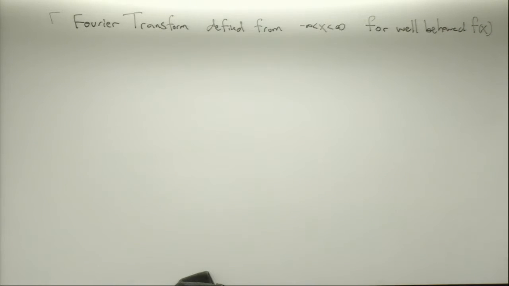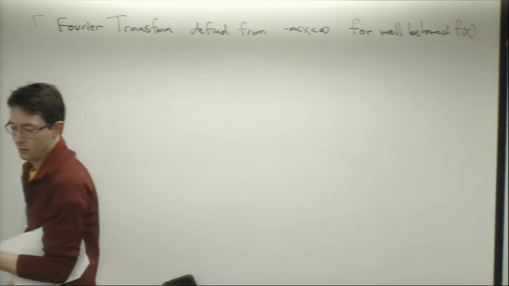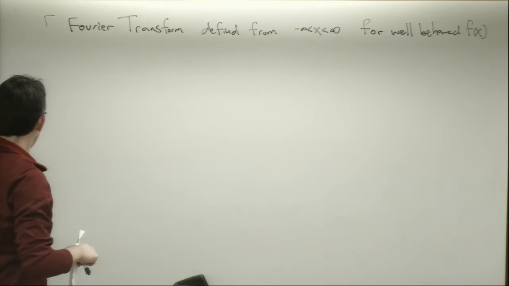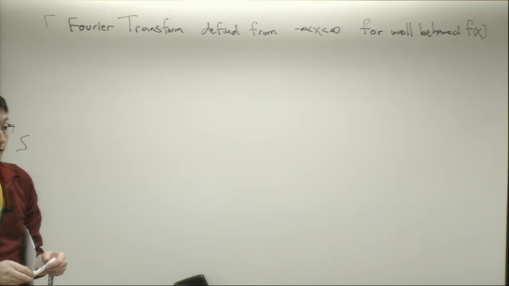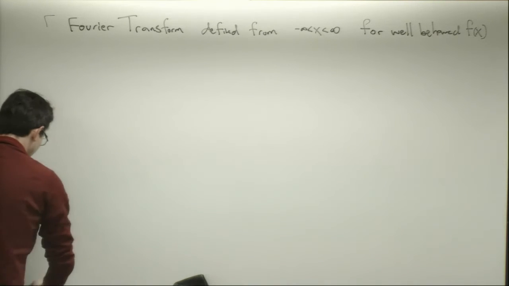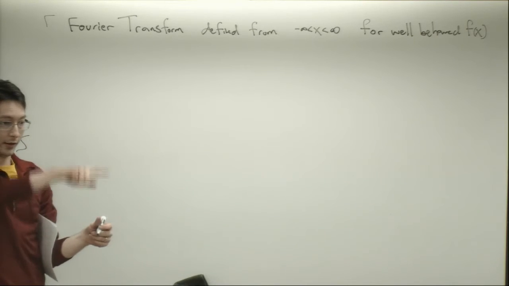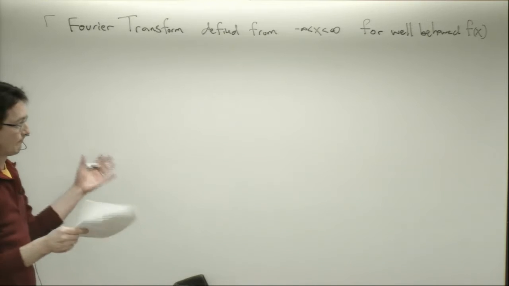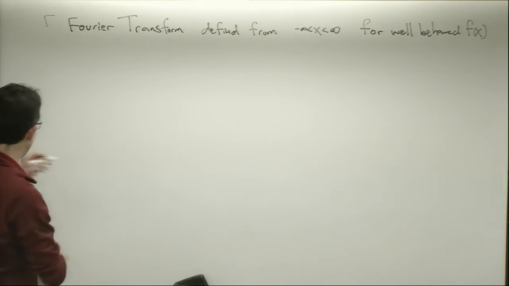And what do I mean by a well-behaved function in this context? It actually doesn't have to be continuous. My function can be discontinuous, and I can still do the Fourier transform, like I can do the square wave. It's not perfect, but in the limit, then my Fourier transform is fine.